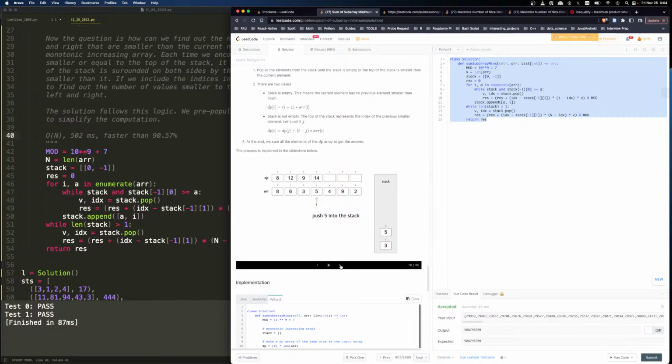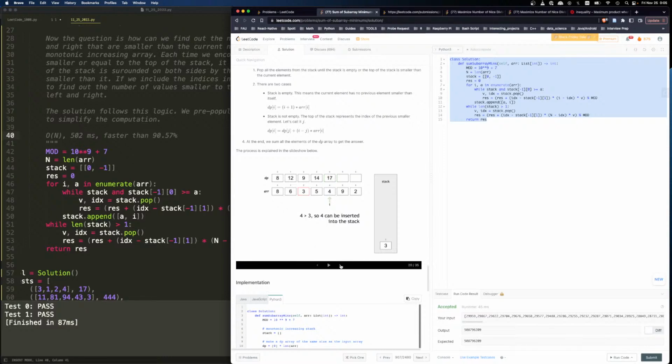Okay, 4 comes in. 5 I have to push. 4 comes in, I'll pop. So we pop this, but now we go to 3, right? So what we have is 3, which is 2, which is 9, plus 4 minus 2, which is 2. 2 times 4 is 8, so 8 plus 9 would be 17. Yes. 9 comes in, just push it in.